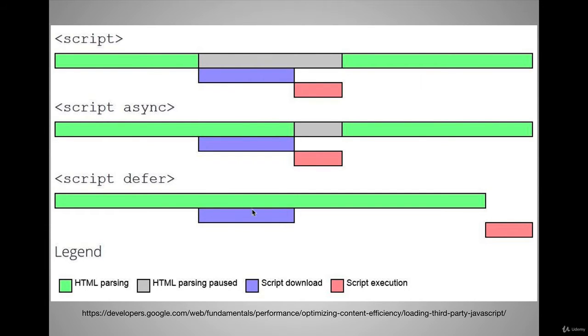As you can see here, it's going to wait until HTML is completely parsed and then start executing. Now, this is a really good option for scripts that will act on the render tree or the DOM, but they're also not important to loading maybe the above the fold content.